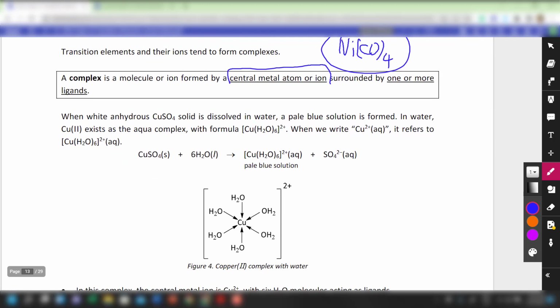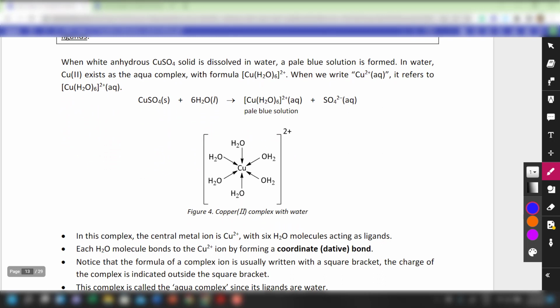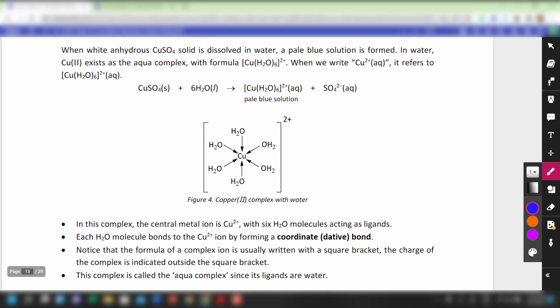Next, this particular portion is definitely not surprising. If I dissolve copper sulfate in water, I'm going to get the hexaaqua copper 2 complex, which exists as a pale blue solution. This particular complex is responsible for it.